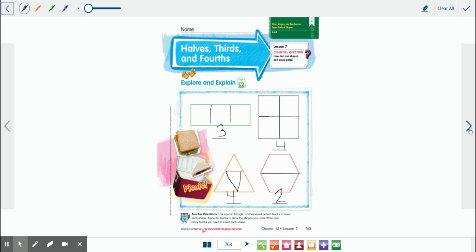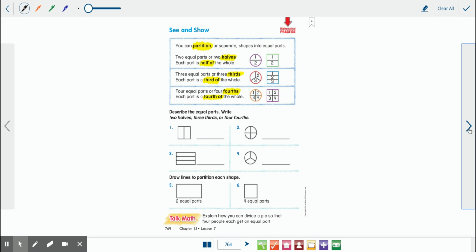Let's look at our See and Show page. You can partition or separate shapes into equal parts. 2 equal parts, or 2 halves, each part is a half of the whole.